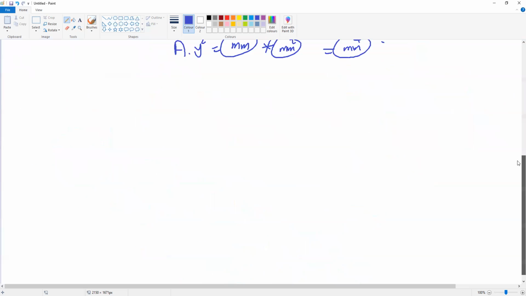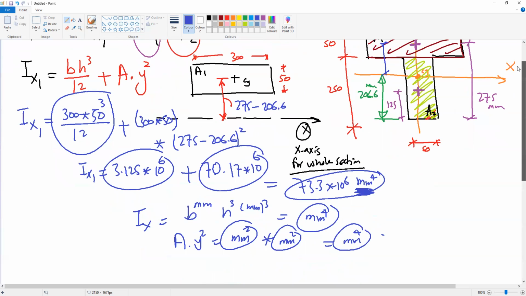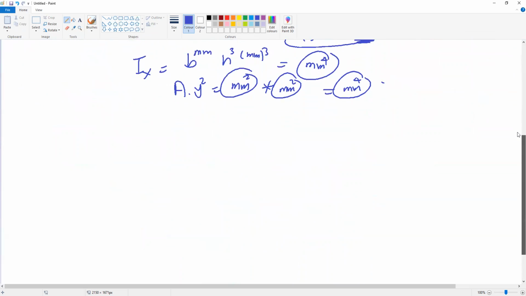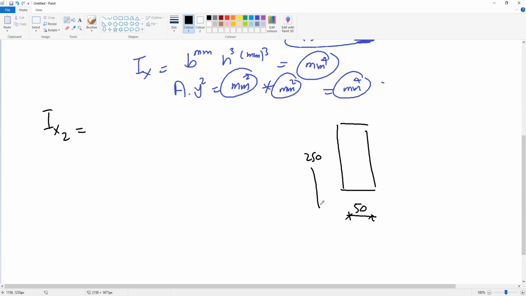Now, if we want to do the second term of the inertia Ix2, with the same concept, if we take this area outside here, this dimension is 50, this dimension is 250.